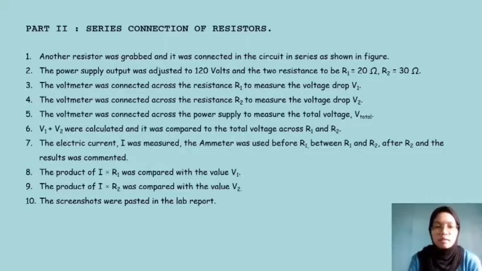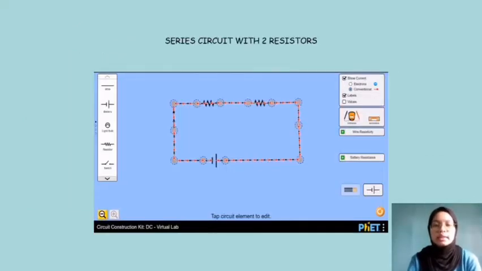The product of I multiplied by R1 was compared with the value of V1. The product of I multiplied by R2 was compared with the value of V2, and the screenshots were pasted in the lab report. So, this is the example of a series circuit with two resistors.